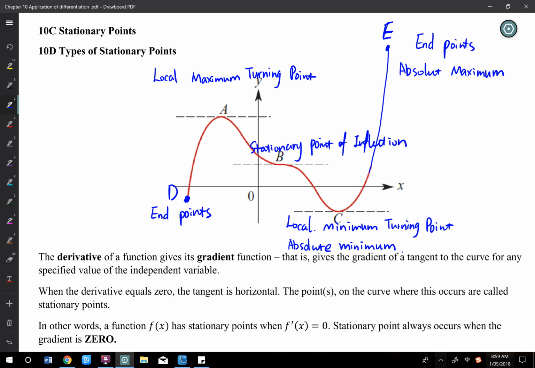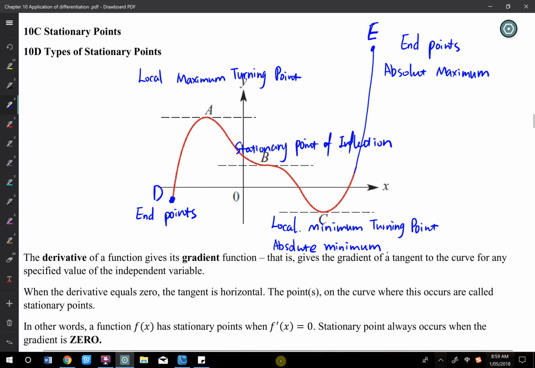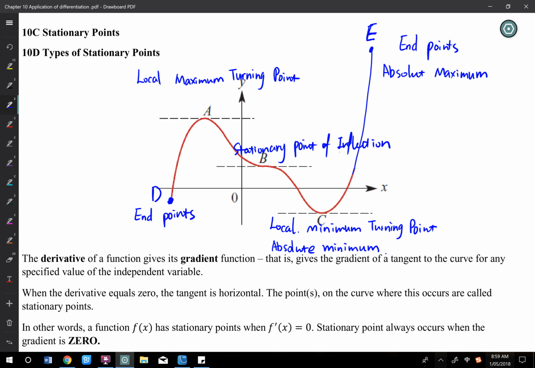Alright, so according to this, let's have a look. Okay, what's another name you can give A, B, and C? What common name will they share? Stationary points. Good.